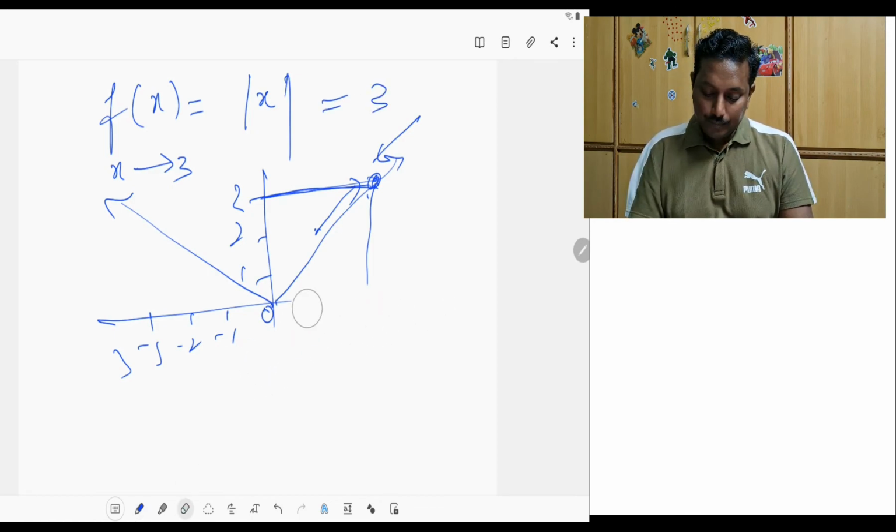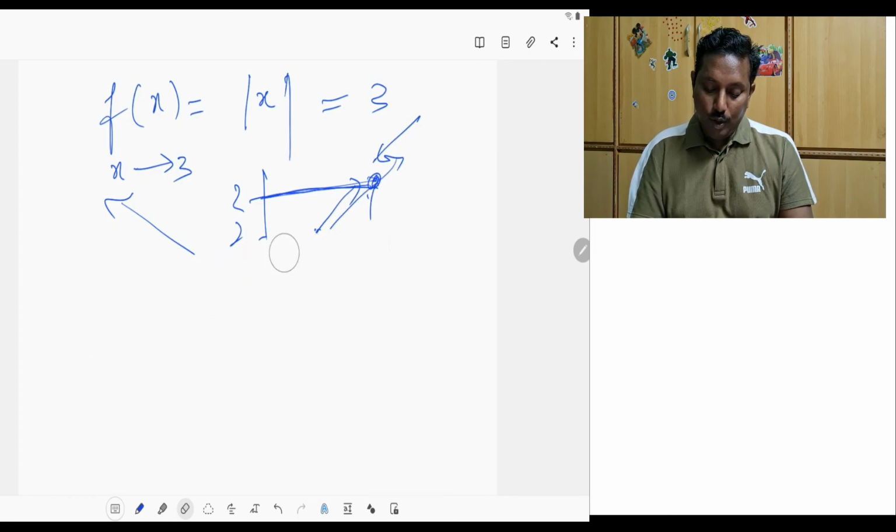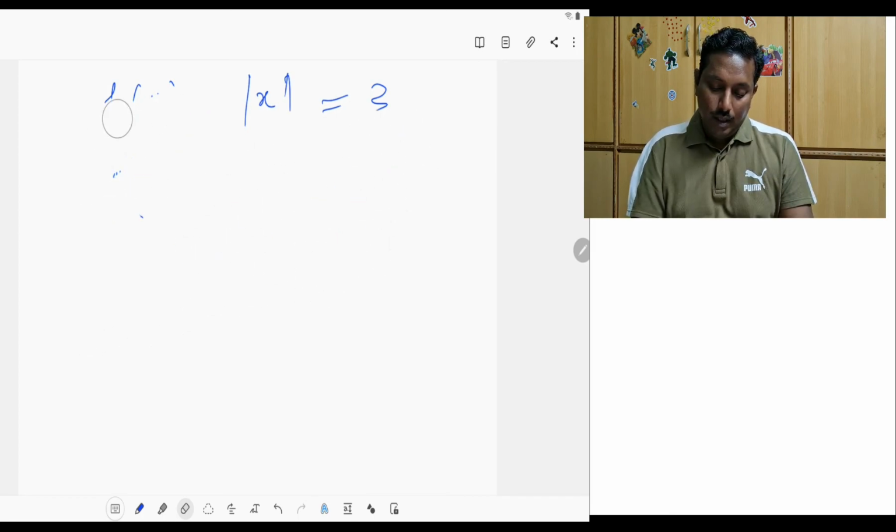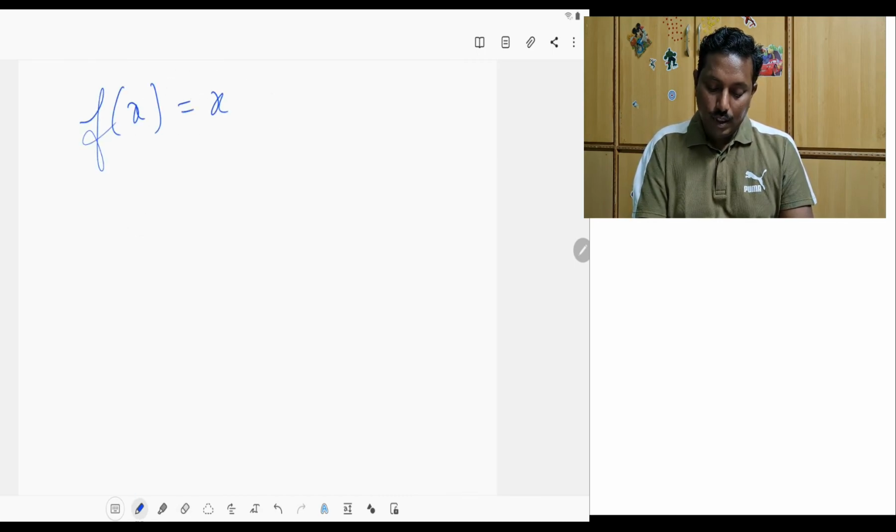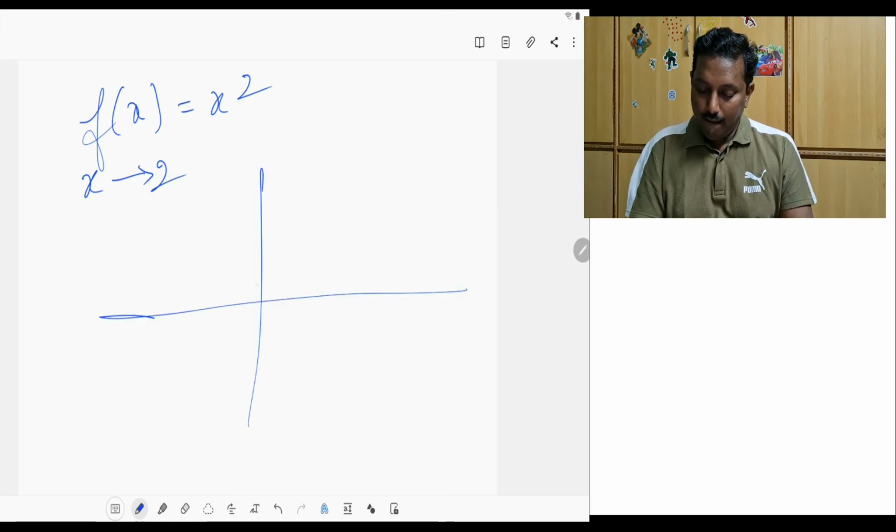Okay. Now let us do one more example. f of x is equal to x square. We need to find the limit as x approaches 2. So the graph would be a parabola because it's a square value.